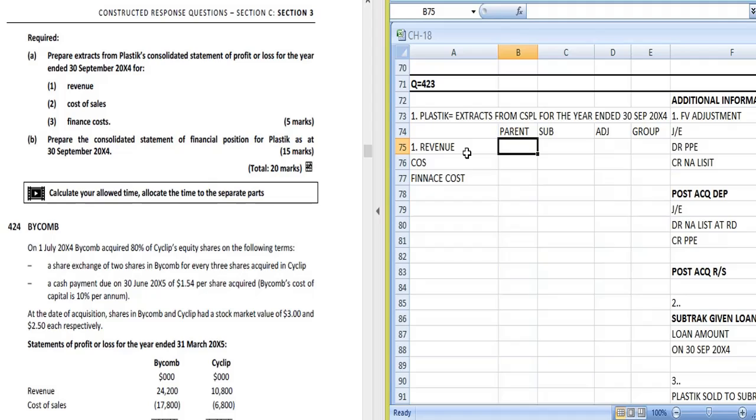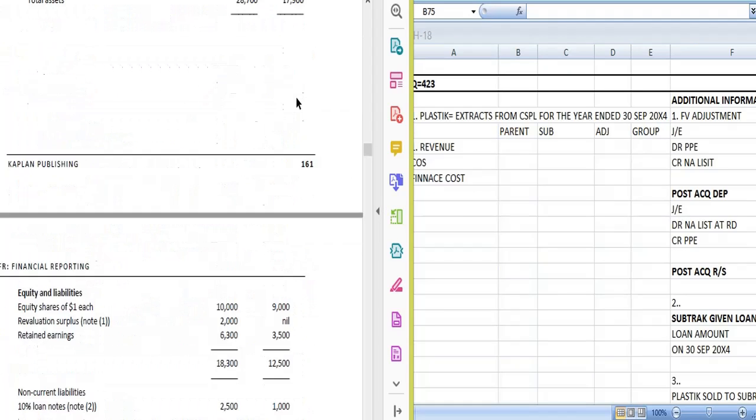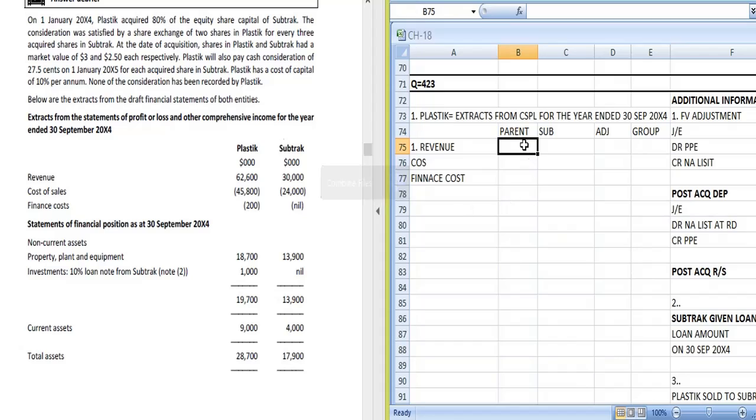Our parent's revenue, looking at the question given, is 62,600 and the subsidiary is 30,000, but the time of acquisition is 9 months, so we will take each and every PL item at the 9/12 portion only. Because in the PL each and every item is for the whole year, while the time of acquisition is only 9 months. That's why we have done 9/12.